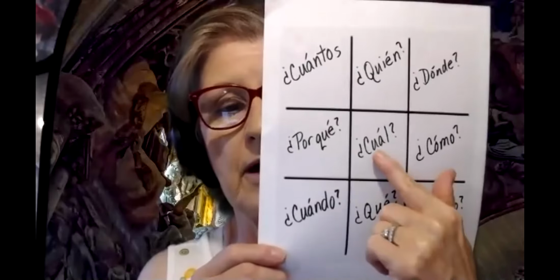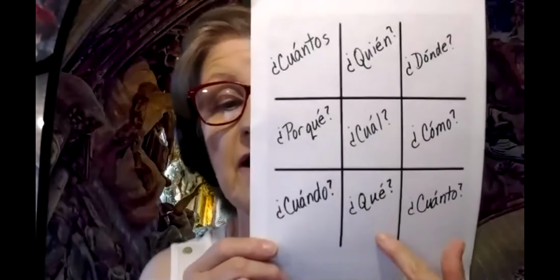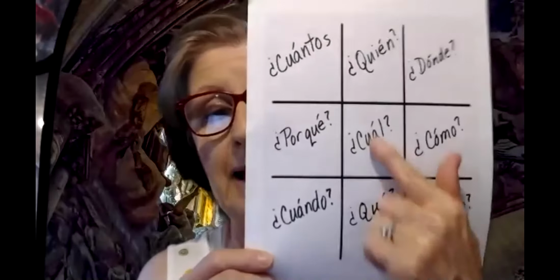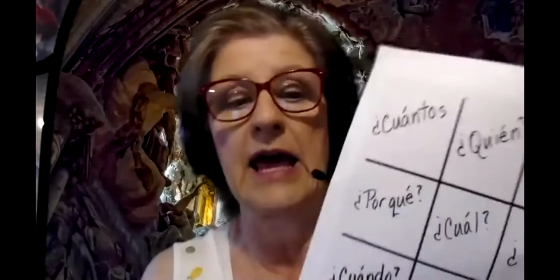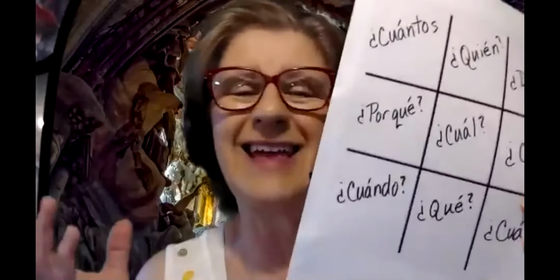Los dos interrogativos más difíciles son cuál y qué. Cuál y qué. Cuál y qué, técnicamente cuál, which, y qué, what. But in fact, a lot of times these two things can be translated the same, but they don't mean the same.